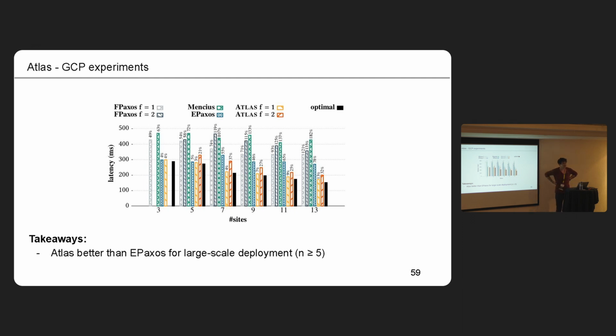Maybe the more replicas you have, you choose the fastest subset, so the latencies of the fastest subset come lower and lower.